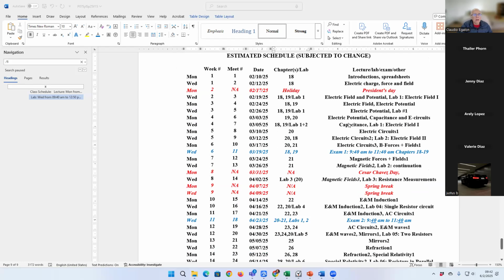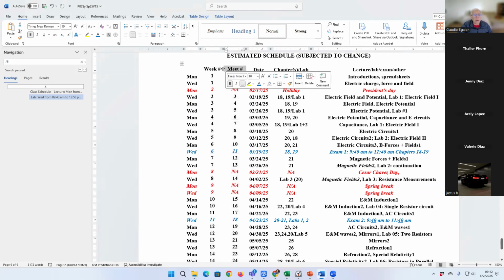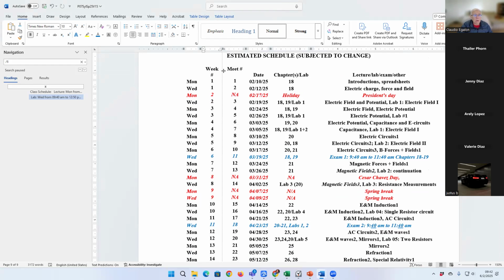Week number. Now I put those two separate columns here. One documents the number of the week number, and the other documents the meeting number.